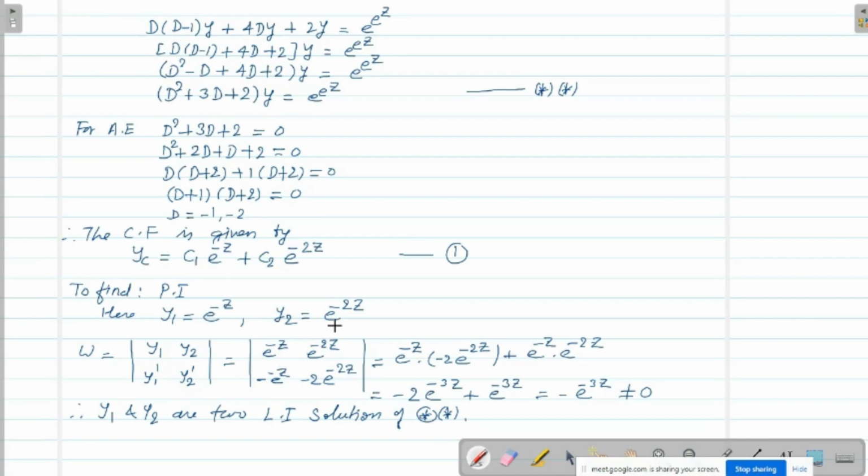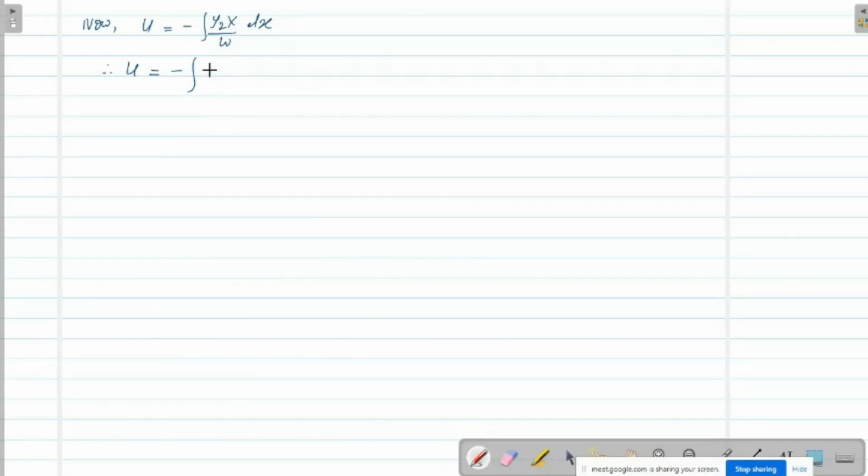Your u is negative of integral y2 X by W dx. But here everything is in z, so we will write z. This is your formula. So u equal to negative integral of y2, which is e raised to minus 2z, and X is e raised to z.